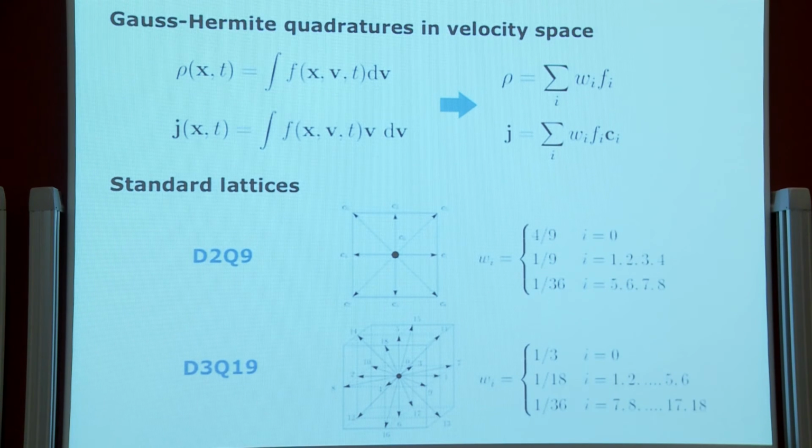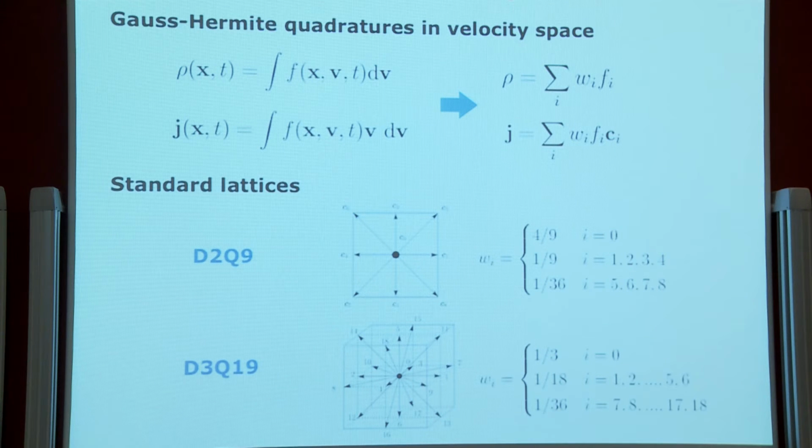And so these quadratures are defined both by the choice of velocities and the associated weights. So if you specify a choice of velocities, you don't have the flexibility for the weights. They are intricately associated with the set of velocities you have chosen. And I'm illustrating here the most standard ones in 2 dimensions and in 3 dimensions.